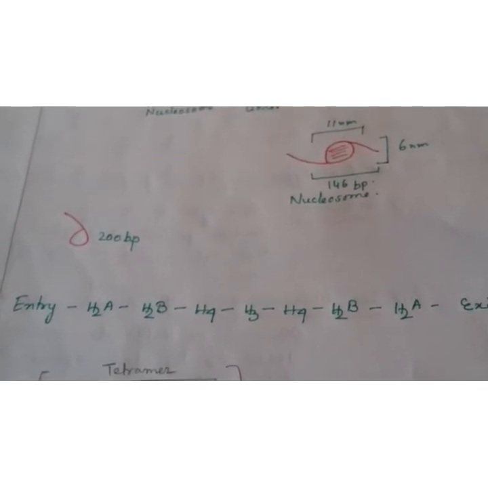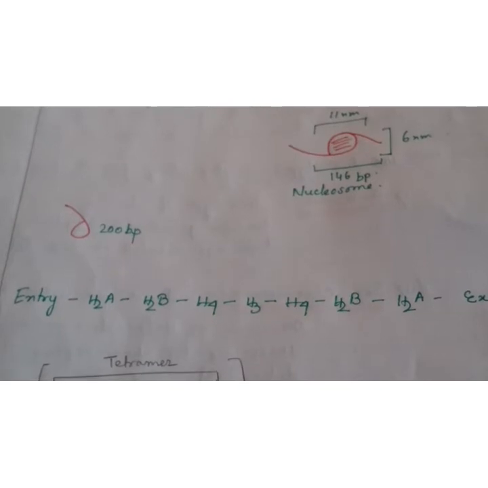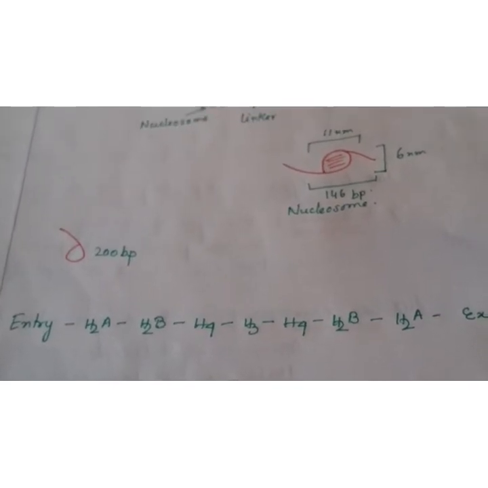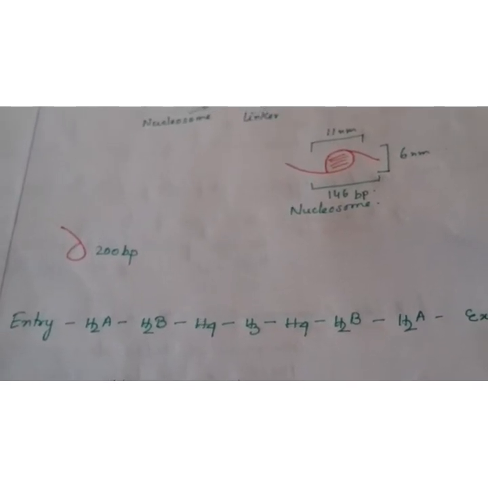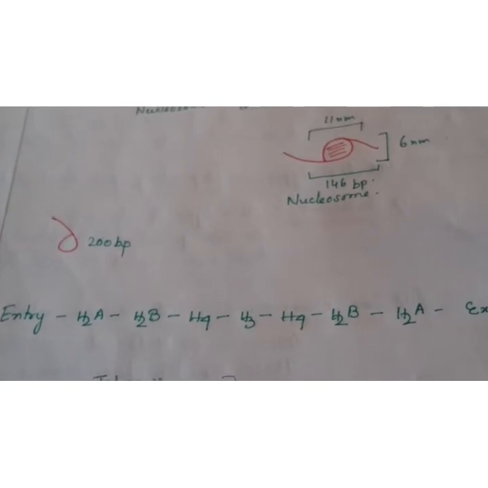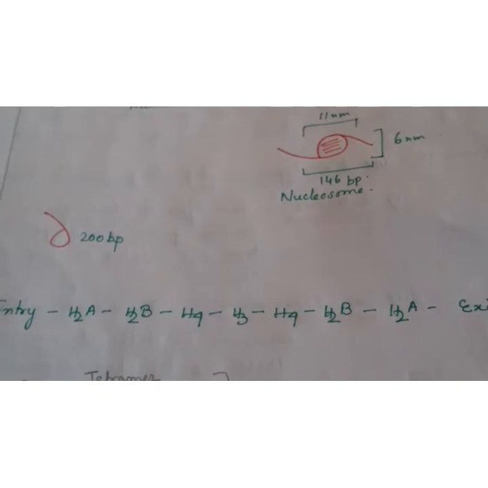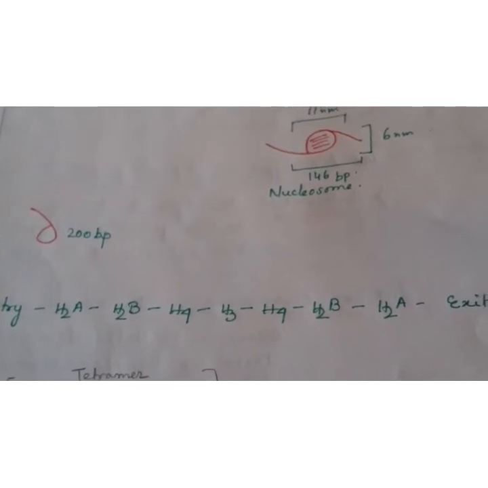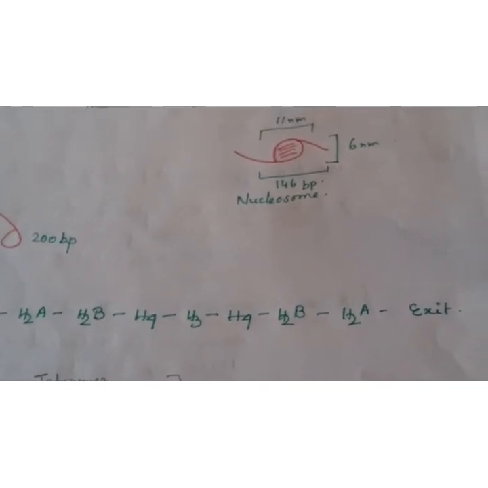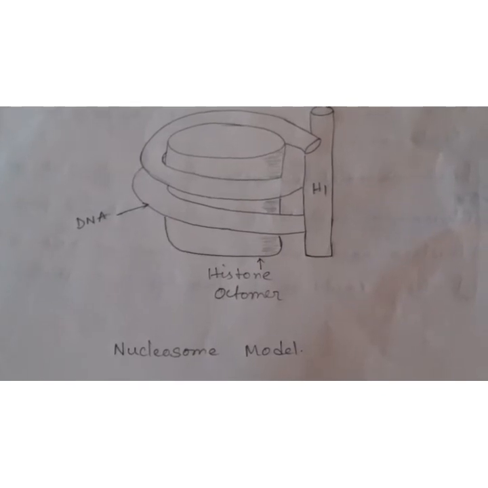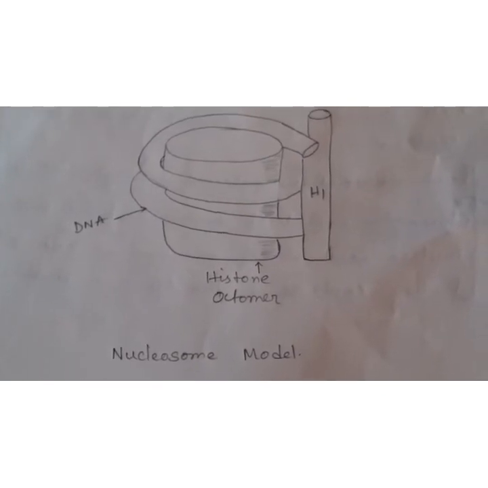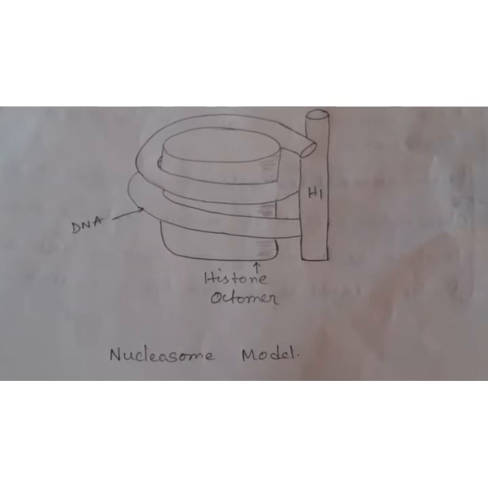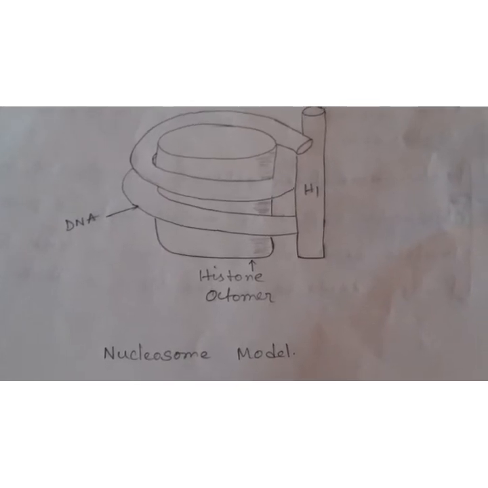Now, the arrangement of histone proteins in the core particle is like this: entry, H2A, H2B, H4, H3, then repeatedly H4, H2B, H2A and exit. The H1 protein is generally present at the joining portion of the two DNA strands in the nucleosome.